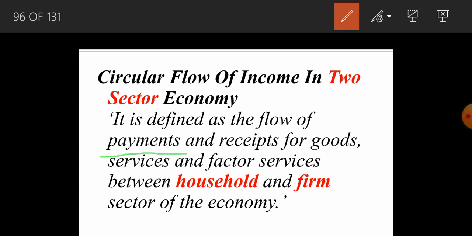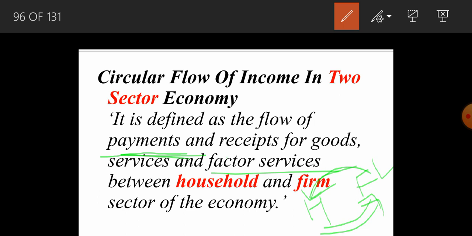For example, if the household has provided factors of production like land, capital, labor, entrepreneur skills, anything, to the firm, then definitely the firm will pay them factor payment in return for utilizing those services, right? Whatever factor services they utilize, they will pay for it. So this will be received by the household.